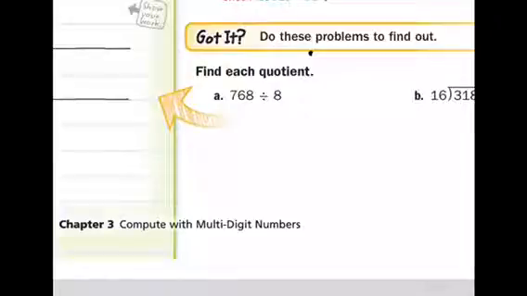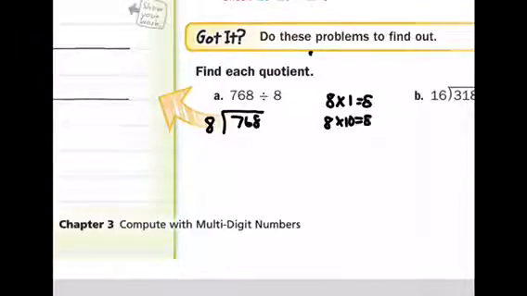Okay, so let's start this one out. So I have 768 divided by 8. And I'm going to do some helper facts. So I know, for example, 8 times 1 is 8. 8 times 10 is 80. 8 times 100 will be too big.